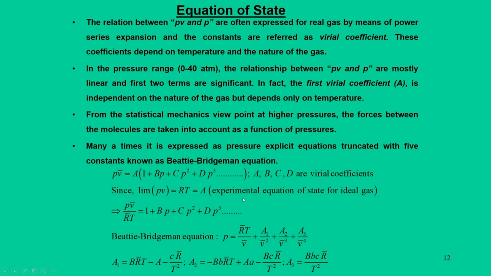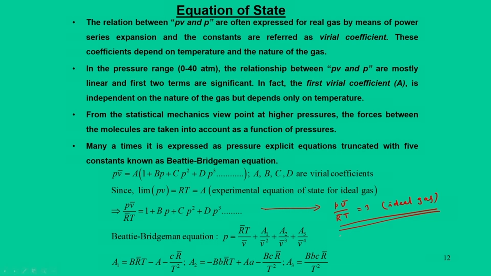Then, after considering the experimental evidence, the revised form of the equation in terms of virial coefficients is represented as PV bar by R bar T equals 1 plus Bp plus Cp squared plus Dp cubed. What people said is that when PV bar by R bar T is equal to 1, it is said to be an ideal gas, meaning the ideal gas model is followed.